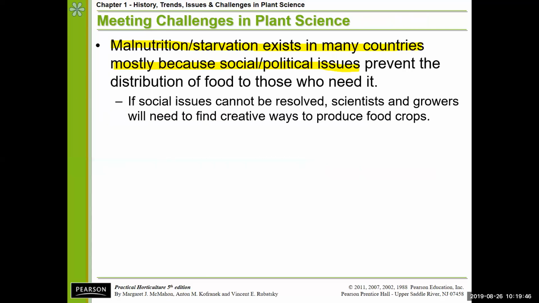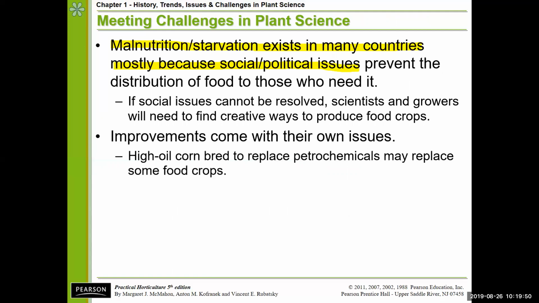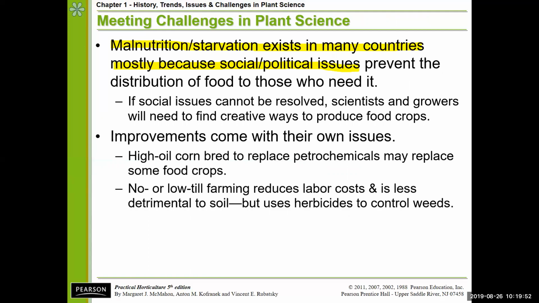So I'll just cover one more thing here before we end in a minute. Basically, that's another challenge in plant science: just getting the food to the people. We have hunger and starvation occurring globally at the time. However, it's not because of a shortage of food.